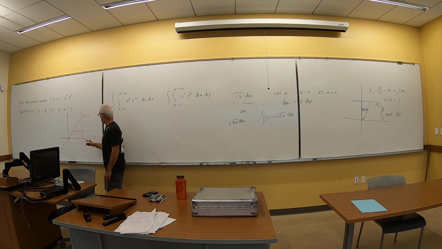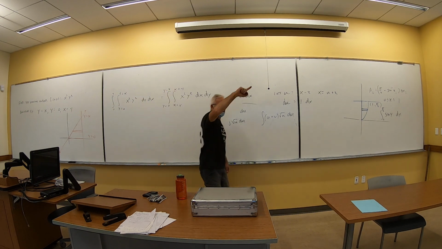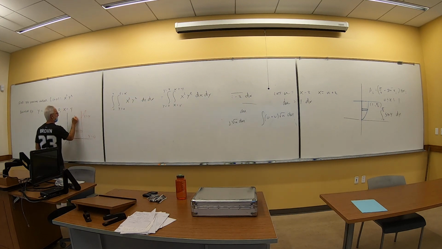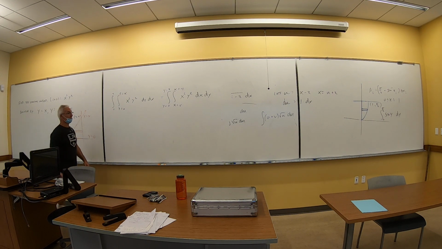Y is going from y equals 0 to y equals, it's the line y equals x, so it's also 4. Because y equals x, that point, probably should have used different, that's the point 4, comma 4. That's why he saw 4 in both directions. But that's not the same, is it? Oh, in fact, this has got a variable down here.